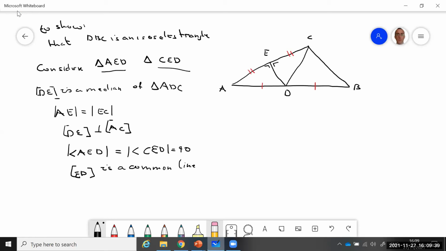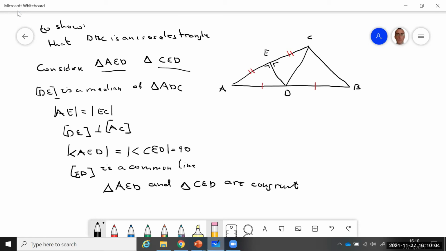Okay, so therefore we can say the triangle AED and the triangle CED are congruent. Congruent meaning they're exactly the same as each other, right?